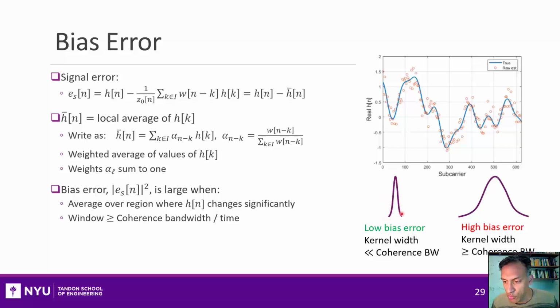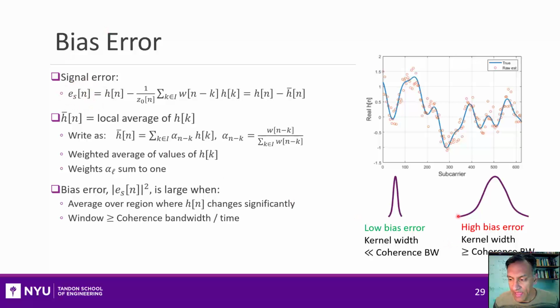One is a very narrow kernel like this, and one is a very fat kernel like this. If the kernel is very narrow, it's only going to grab samples very close to the sample of interest. And if that's very narrow relative to how fast the channel changes, for example, if this is in frequency, where that kernel width is much smaller than the coherence bandwidth, we would expect this bias error to be small.